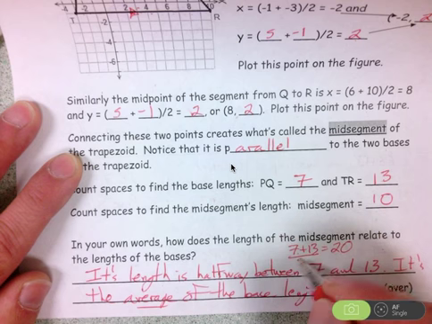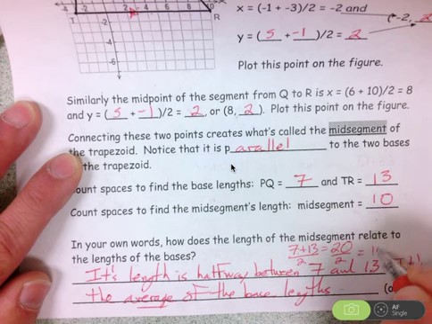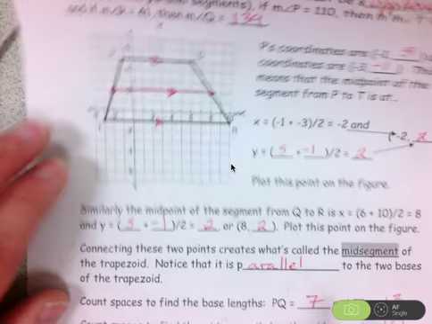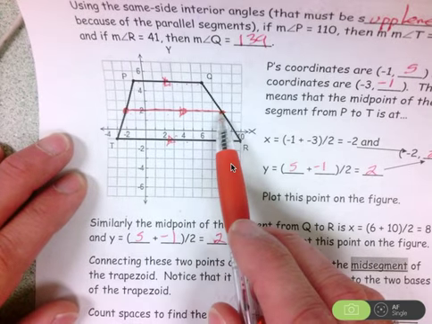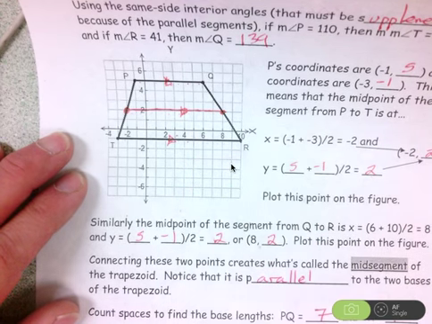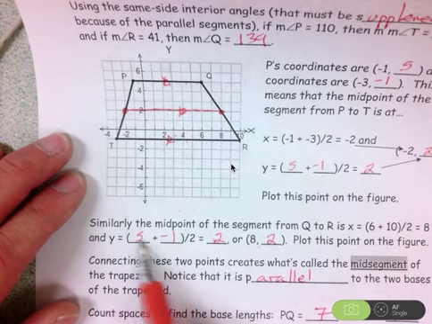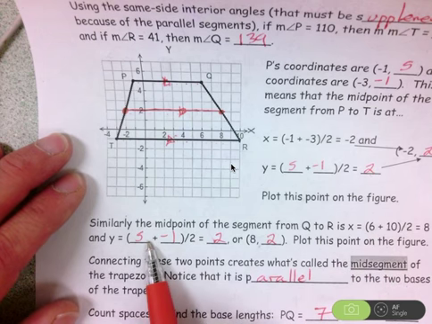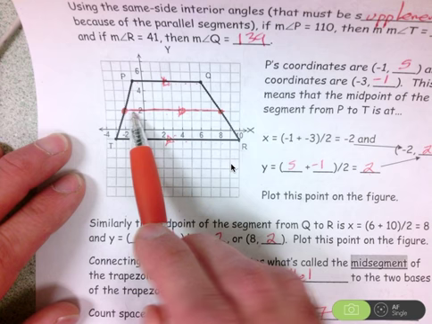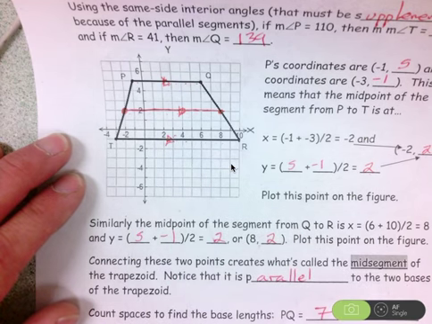And if you take that and divide by 2, you get 10. You get the length of the mid-segment. The mid-segment connects the midpoints. It is in the interior of the trapezoid, and its length is just the average of the bases. Just like we average the x and the y coordinates to find the midpoint's coordinates, to find the length of the mid-segment in a trapezoid, you just average the lengths of the bases.